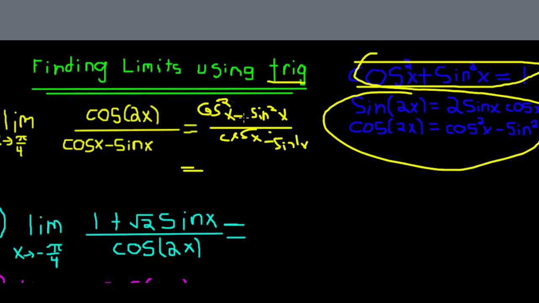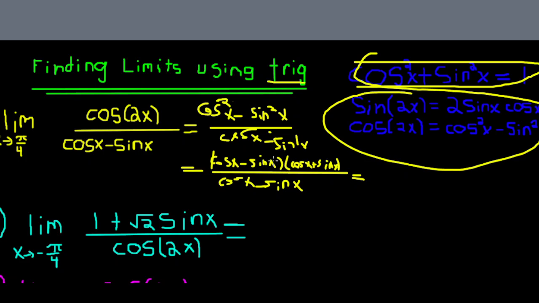And this is difference of squares, so it simplifies to cosine of x minus sine of x times cosine of x plus sine of x, all divided by cosine of x minus sine of x. And then this cancels out.